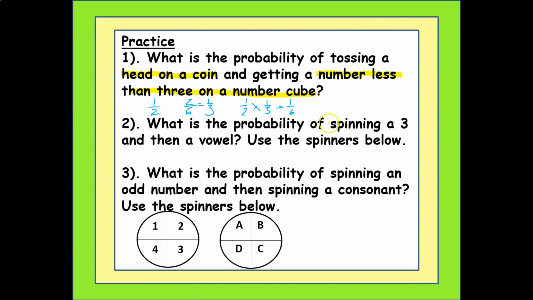Number 2, what is the probability of spinning a 3 and then a vowel? Looking at these spinners down here. So our first thing is the probability of spinning a 3. So the probability of spinning a 3 is 1 out of 4, or 1/4.